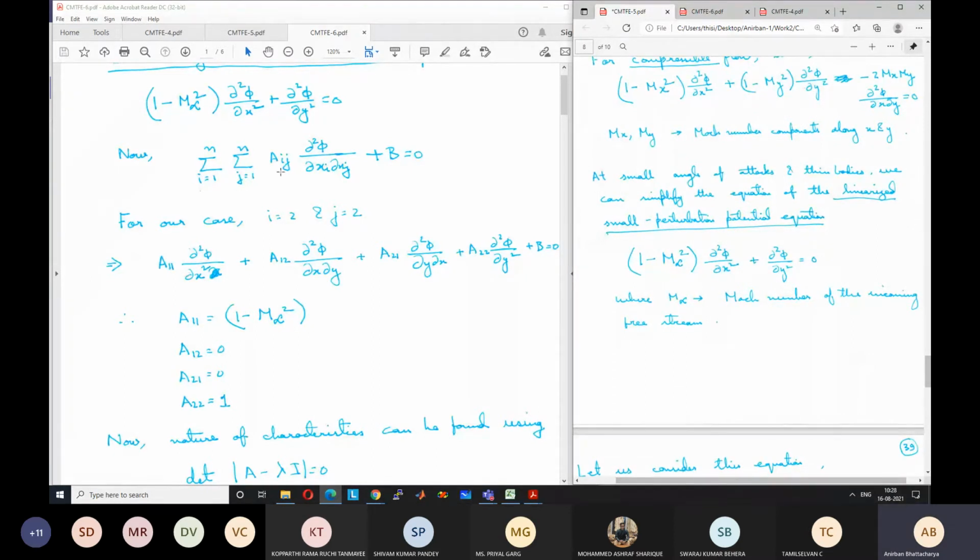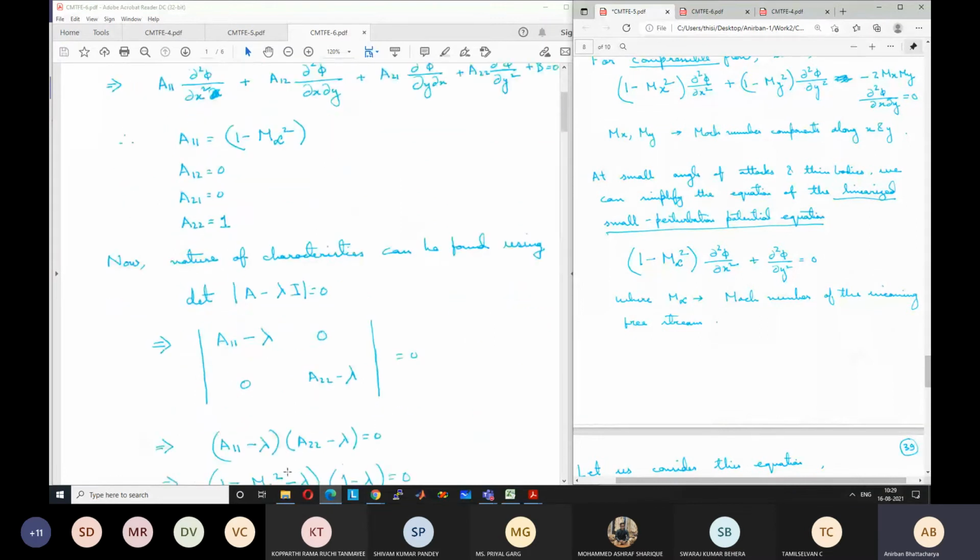So for our equation, what are the values? a11 is this value, 1 minus M infinity squared. There is no mixed derivative term, so a12 is equal to 0. a21 is also equal to 0. And a22 is the coefficient of this term, which is equal to 1. So again, let us find the eigenvalues, the determinant of A minus lambda I. Because a12 and a21 are 0, we are only left with a11 and a22.